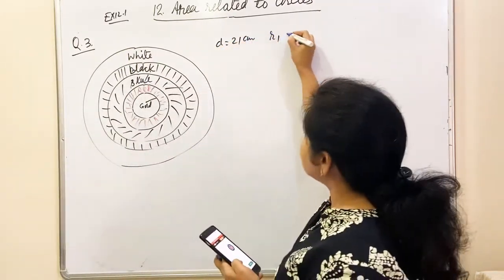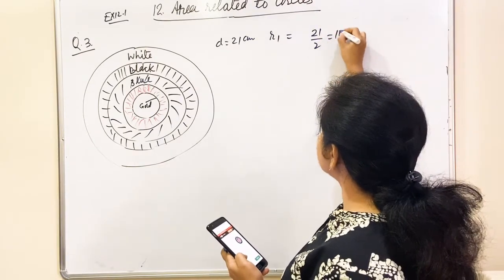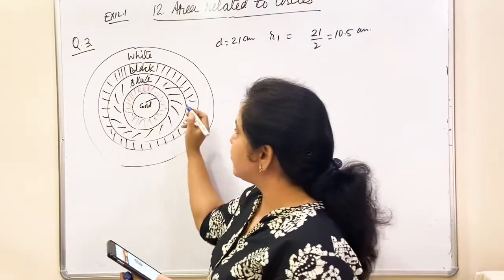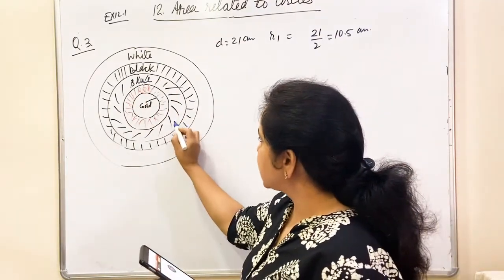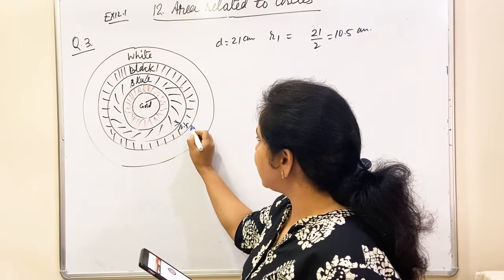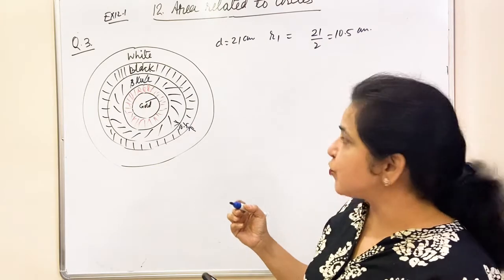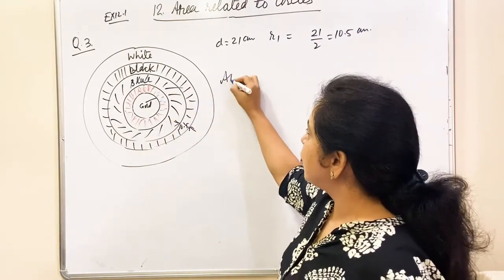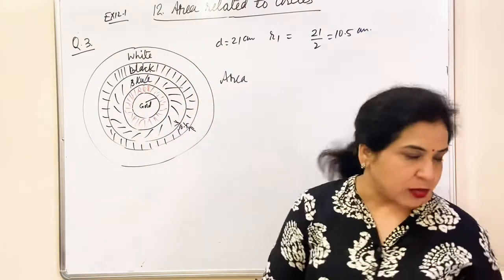So obviously radius of the first circle is 21/2, that is 10.5 centimeter. And each of the other band width is given 10.5 centimeter. So here the band width is 10.5 centimeter, each band width. Find the area of each 5 scoring region. So we have to find area of gold region, area of red, blue, black and white region.